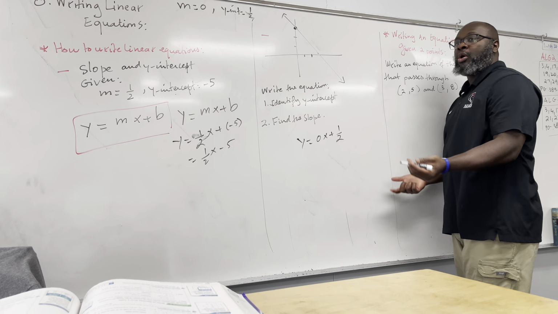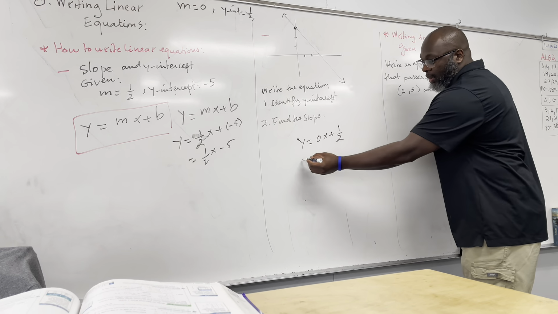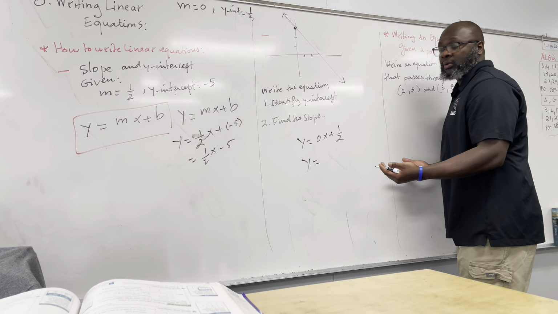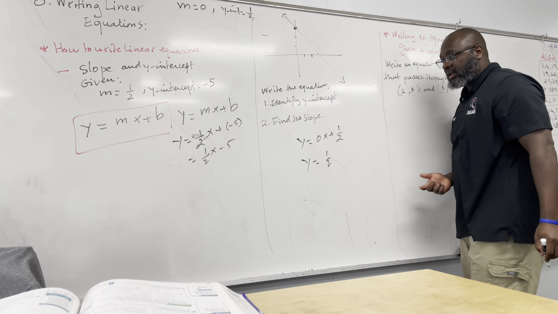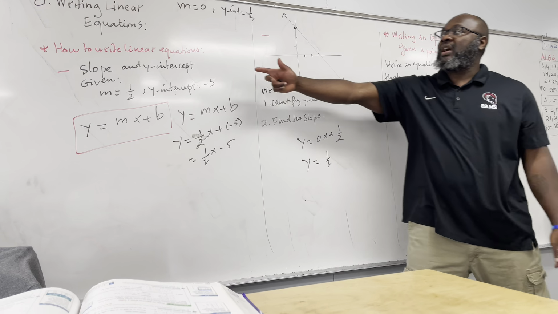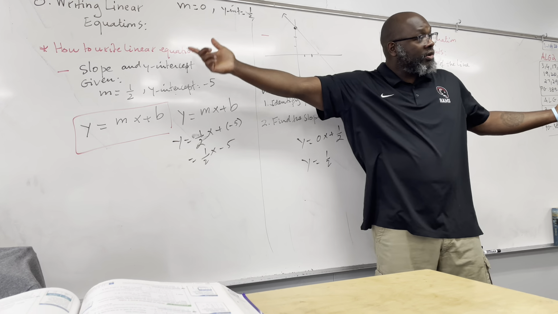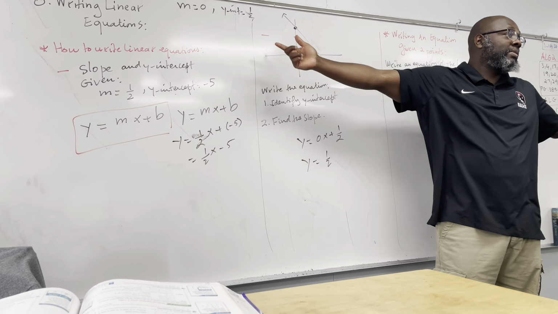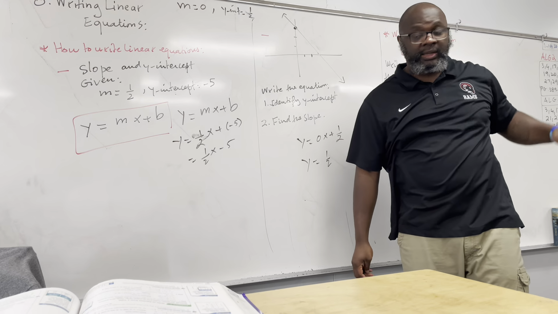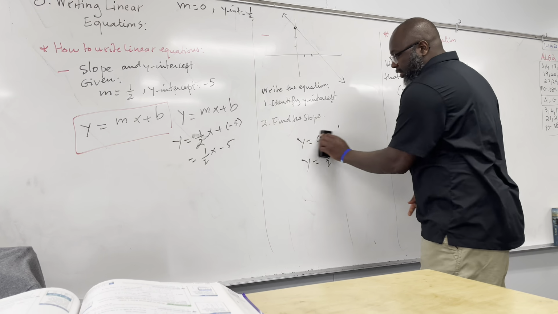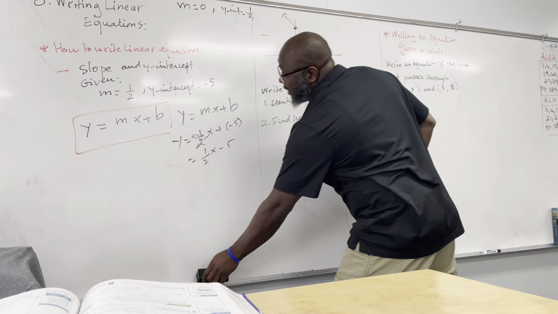And if you want to be more technical, y equals what? What's 0x? It's just gone, right? y equals 1/2. So you don't even have to consider the slope because the slope is nothing. Therefore the equation will be y equals 1/2. Simple as that, right? And it's a horizontal line. Okay? So this is how you write an equation when given the slope and the y-intercept.